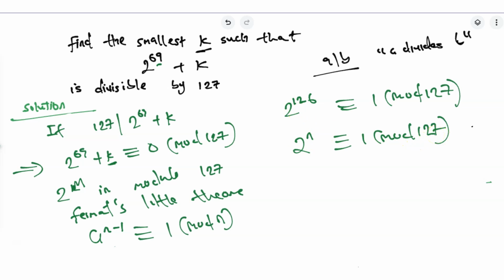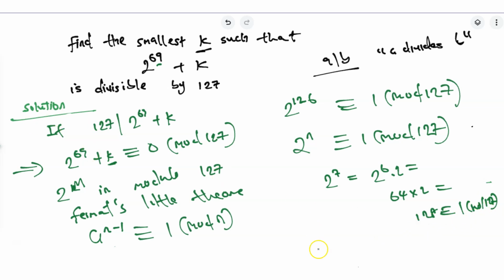Now 2 to the power of 7 is 2 to the power of 6 times 2, which is 64 times 2. That would be 128. So obviously 128 is congruent to 1 modulo 127.